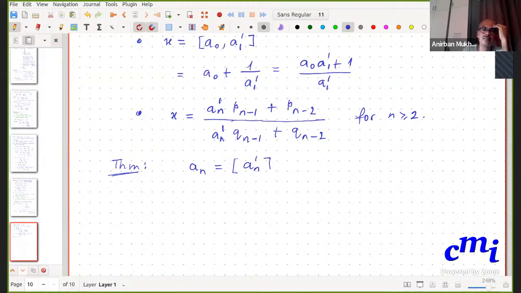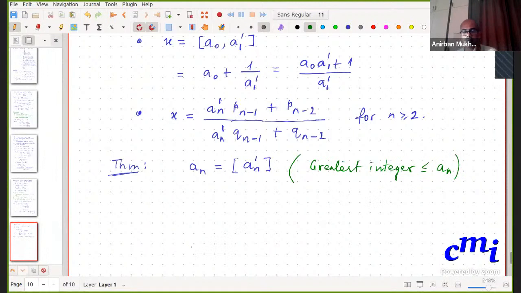There is a slight abuse of notation: the notation here is not of continued fraction, but the integer part, the greatest integer less than or equal to an dash.